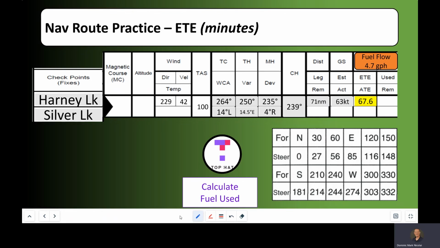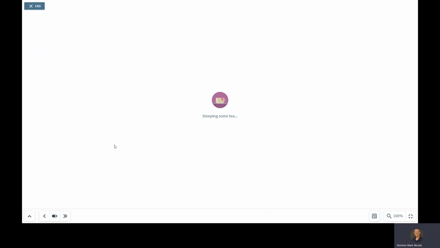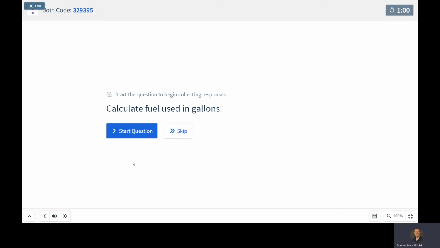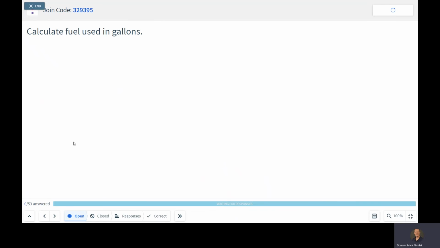We're going to use 4.7 gallons per hour. So let's go ahead and calculate over those 67.5 minutes, how much fuel do we use? Gross error check says I'm flying just over an hour. My answer should be slightly greater than 4.7.